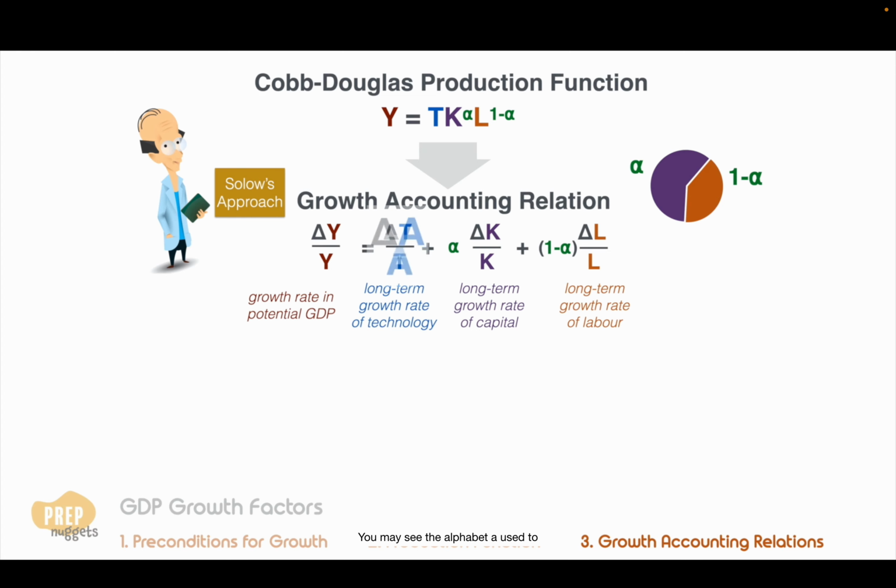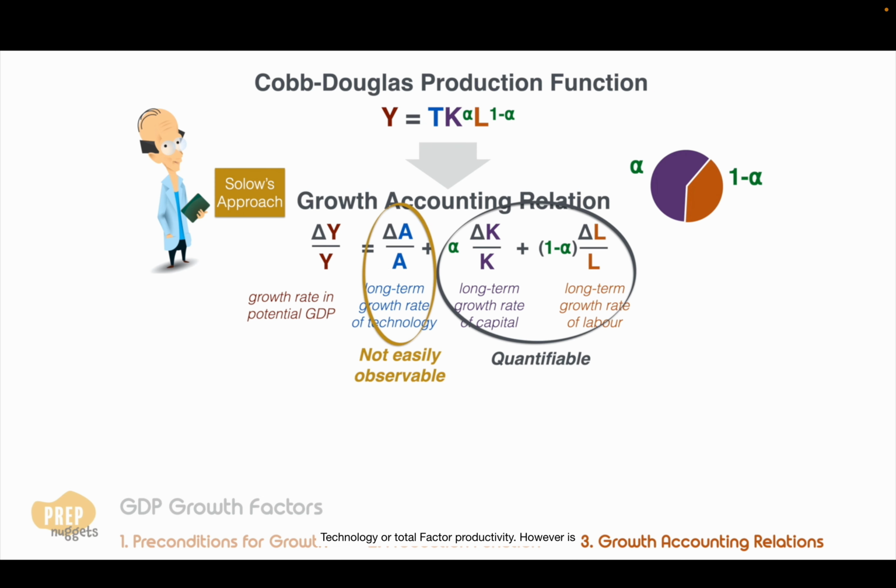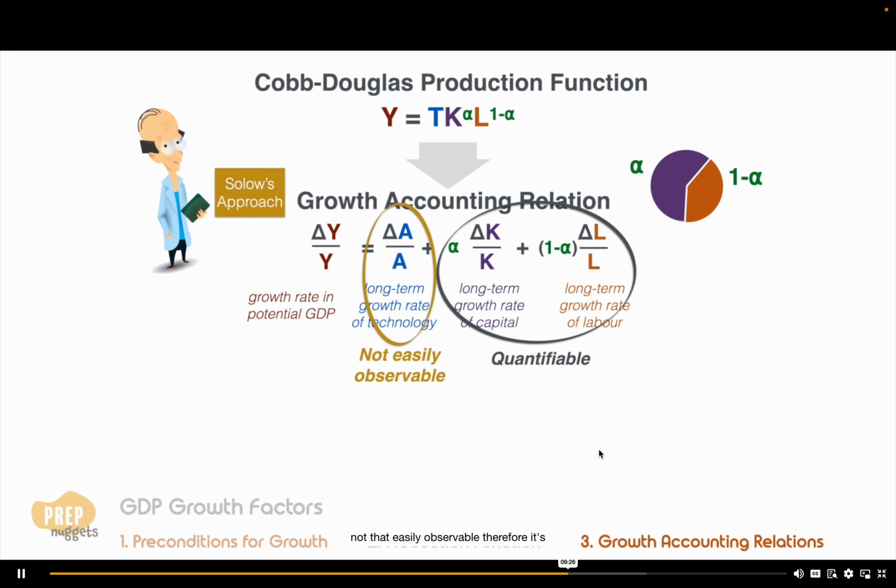Very often you may see the alphabet A used to denote technology or total factor productivity, so we'll use it here. In practice, levels of capital and labour, their growth rates and their share of national income are quantifiable, so these can be forecasted. Technology or total factor productivity, however, is not that easily observable. Therefore, it's often estimated based on past data.